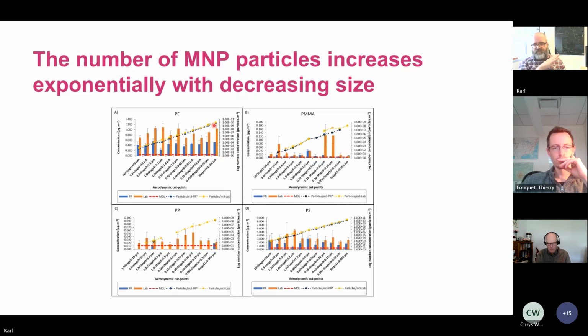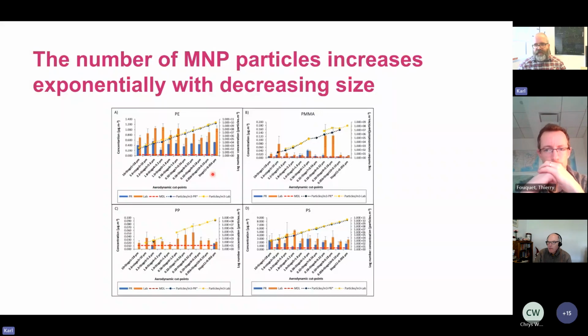So take-home message is the mass concentration is more or less constant across the particle sizes, and exponentially increases in terms of the particle concentration as you go to smaller aerodynamic cut points. And that's more or less what's been seen in other studies of microplastics in other media.